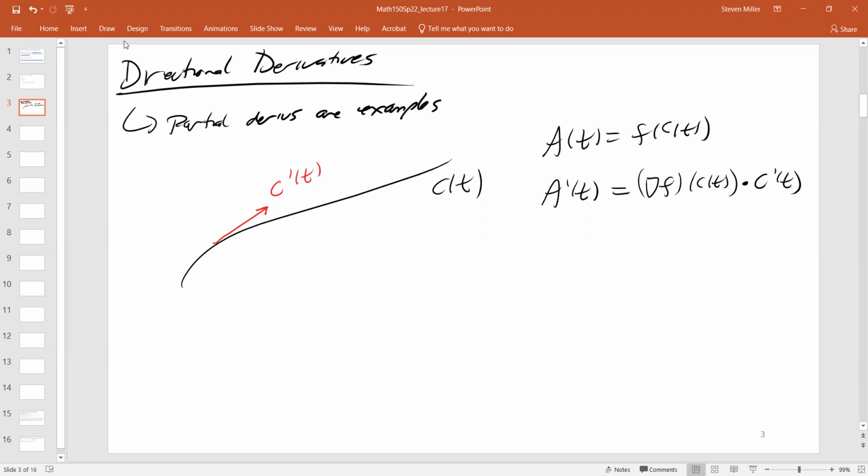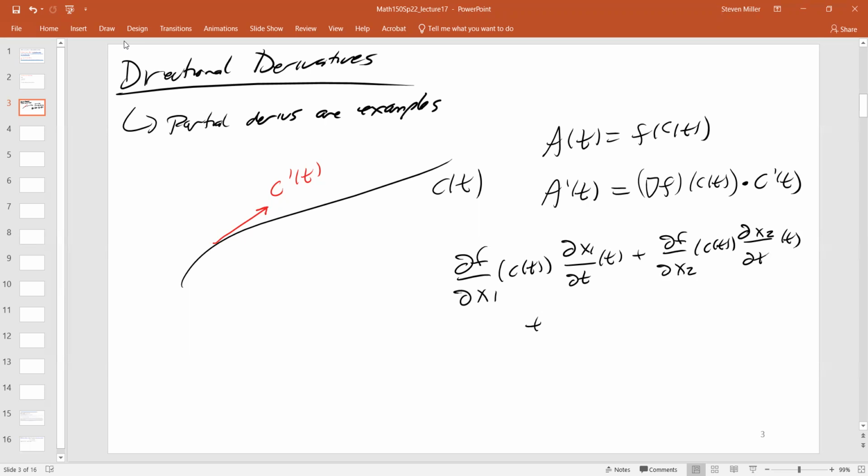So this is what we get when we look at the chain rule. And if we want to expand it out, it's partial f, partial x1 at the point c of t times dx1 dt at t plus partial f, partial x2 at c of t times dx2 dt at t plus dot, dot, dot, and so on.